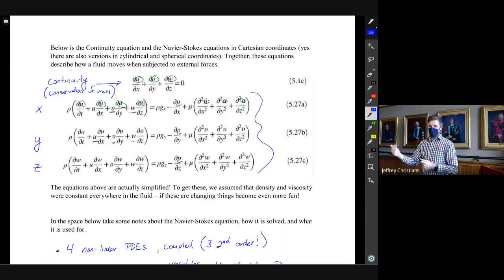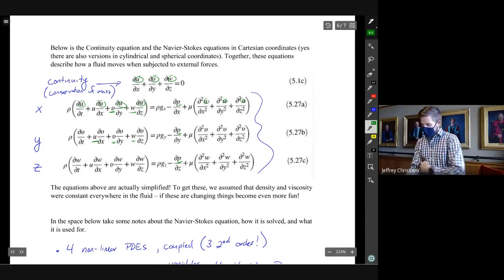Starting Friday, we're not going to start solving these yet, but we'll look at the right-hand side here. That's gravity, that's pressure. These terms are all from viscosity, mu.